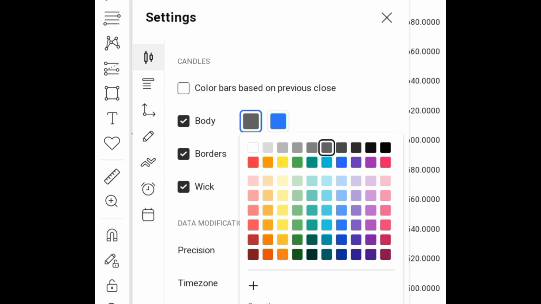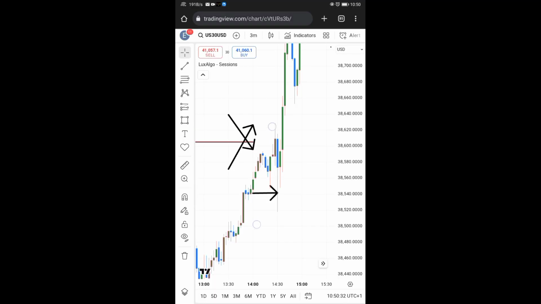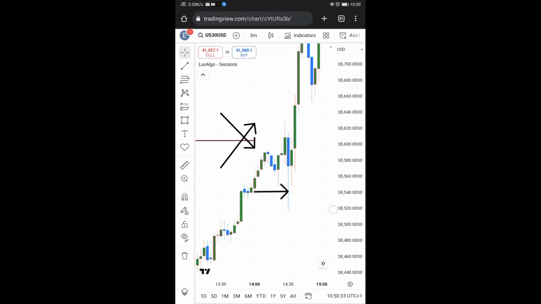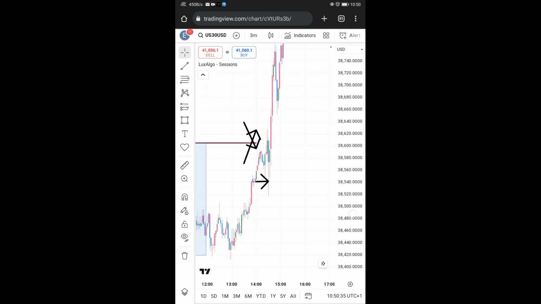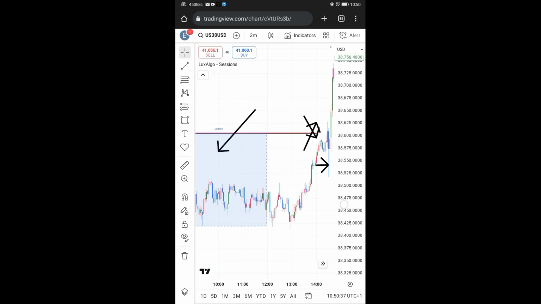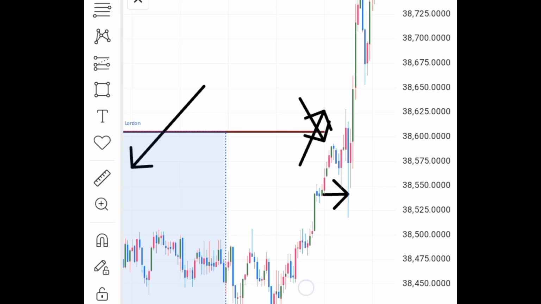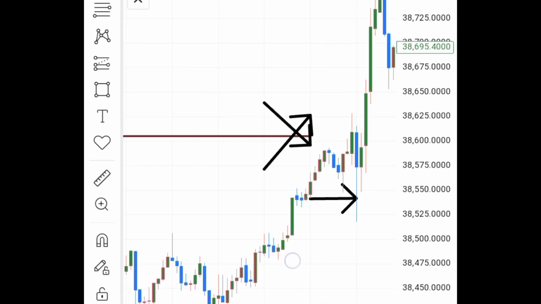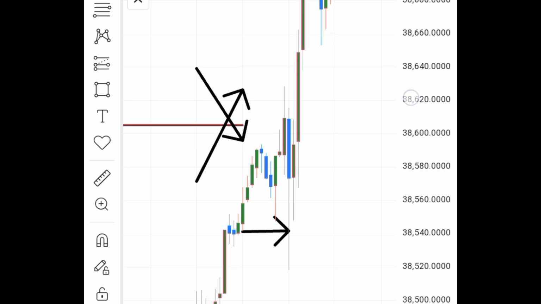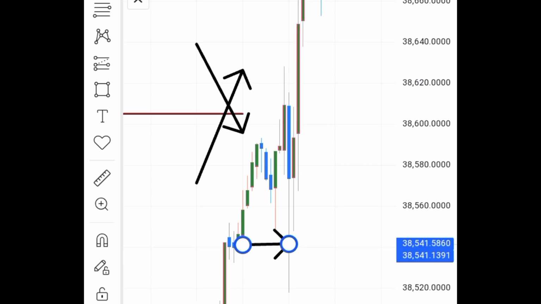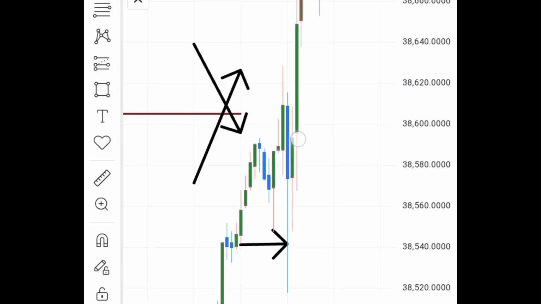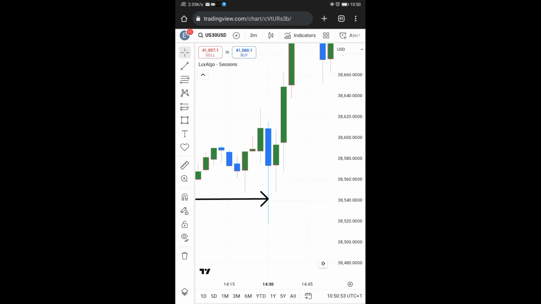As the candle opened, we saw that candle was able to come and take the wick of the previous candle and liquidate it. That served as liquidity. After that 30 minutes candle liquidated the previous low, it's now for us to go to the lower timeframe and take our entry to the upside.